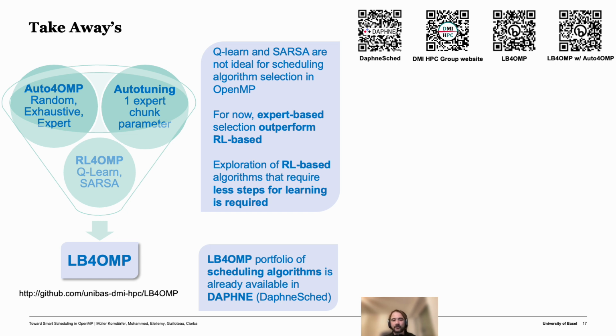So as a general conclusion, for now, it seems reinforcement learning, or at least the methods we chose, QLearn and SARSA, are not the most ideal for selection in OpenMP, as they take into consideration the history of execution of the loop, and that's not necessary in OpenMP, as the loops are executed as an instance that starts, executes, and dies, right?